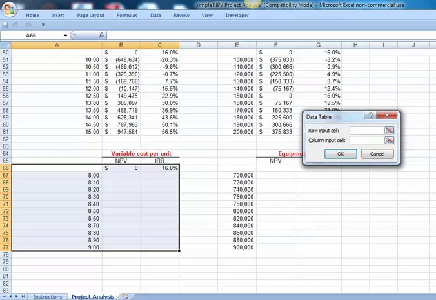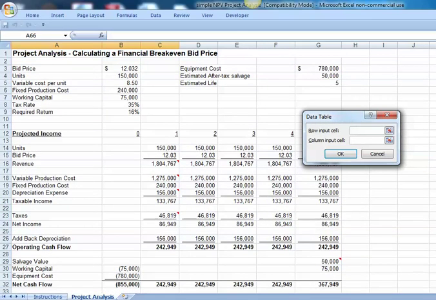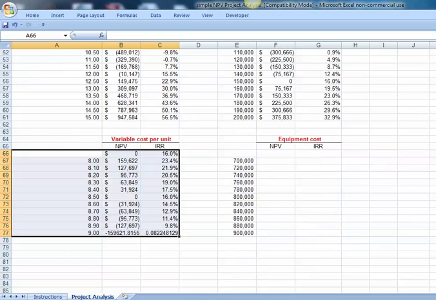Our table is, again, in the form of a column. We want to put these variable cost values in for the variable cost per unit. And we can see how changing that variable cost would impact our net present value and IRR. As our cost goes up, as to be expected, our net present value goes down.